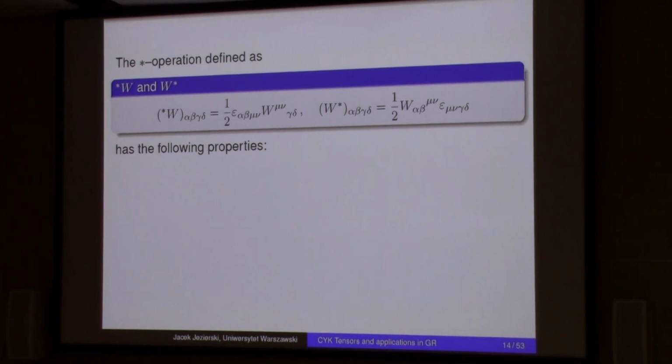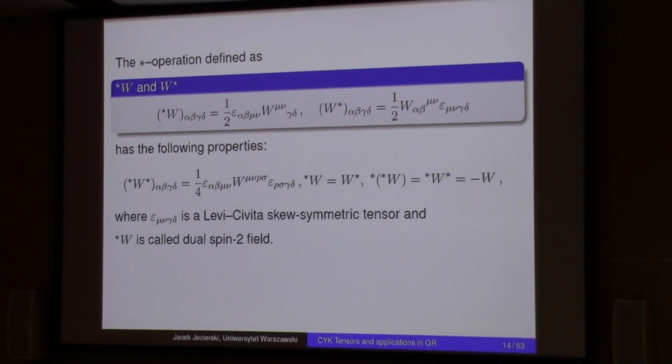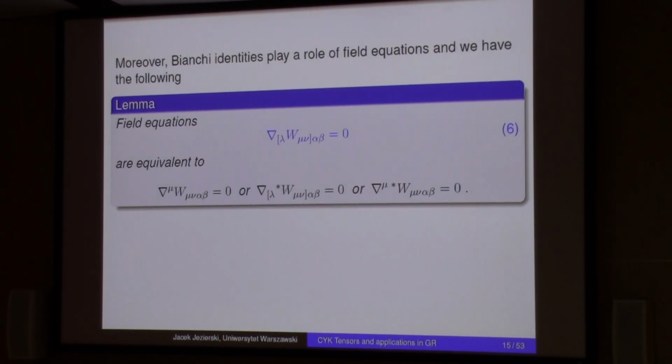Then you have the star operation for the first pair of indices or the second pair of indices, and there are some nice properties with these stars, and if you do this for a general Lorentzian metric in a proper way, you have the same formula.